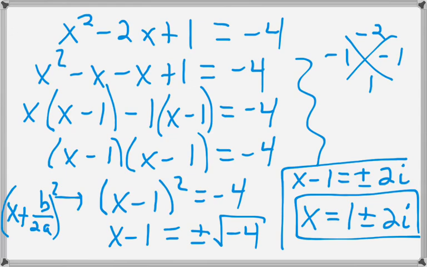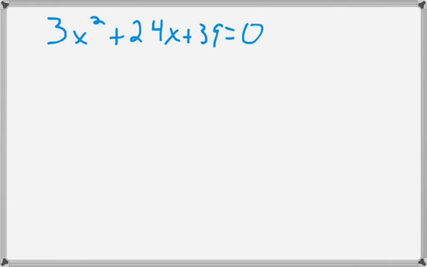Okay, let's do another example. So here we have 3x squared plus 24x plus 39 equals 0. Okay, so we want to make the leading coefficient 1. So we're going to divide by 3.